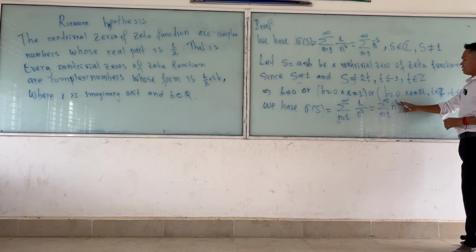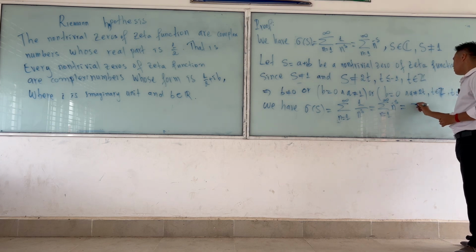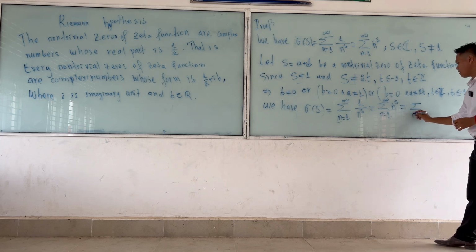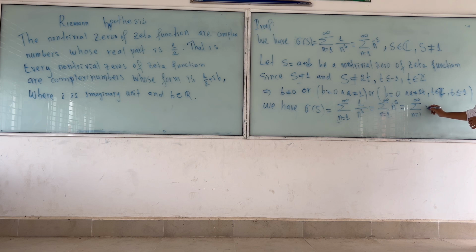And this I just replace s by a plus ib, so I get sigma n from 1 to plus infinity n power negative a negative ib. I replace s here by a plus ib, so we multiply by negative 1, here you get minus a minus ib.